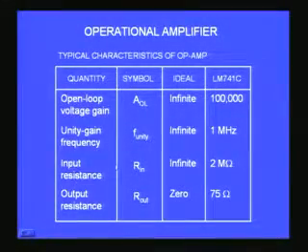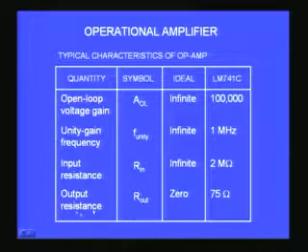Similarly, if you take the input resistance R in, for an ideal case it is infinity, and for an actual typical case it is about 2 megohm, that means 2 million ohms, 2 followed by 6 zeros, a very large number. If the input resistance of an amplifier is very high, it is good. We have already seen that a basic voltage amplifier should have very high input resistance.